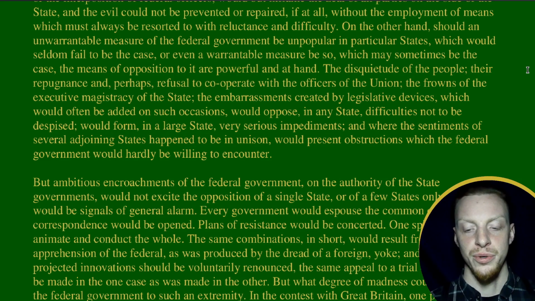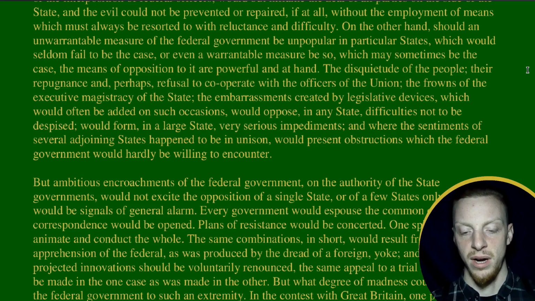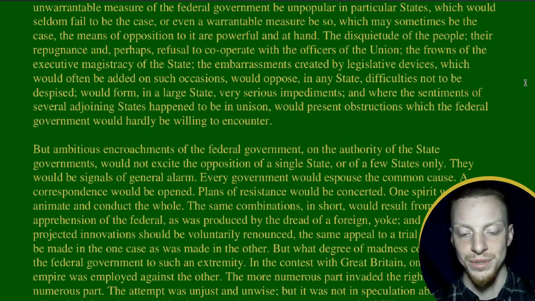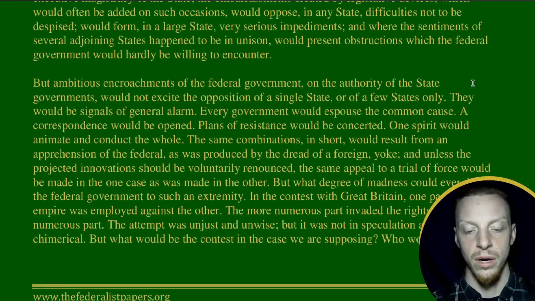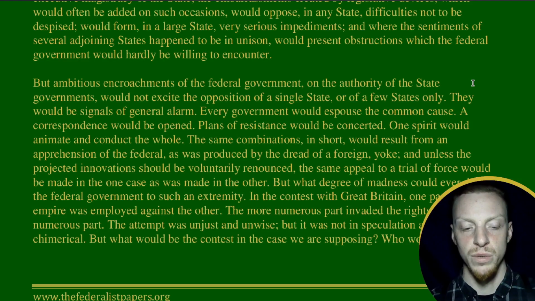The disquietude of the people, their repugnance and perhaps refusal to cooperate with the officers of the Union, the frowns of the executive magistracy of the state, the embarrassments created by legislative devices which would often be added on such occasions, would oppose in any state difficulties not to be despised, would form in a large state very serious impediments, and where the sentiments of several adjoining states happen to be in unison, would present obstructions which the federal government would hardly be willing to encounter.